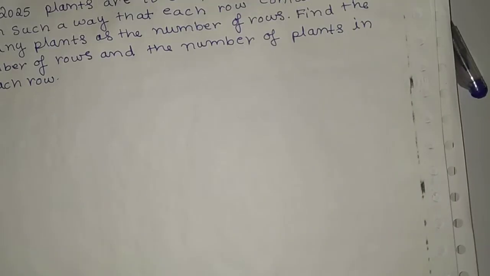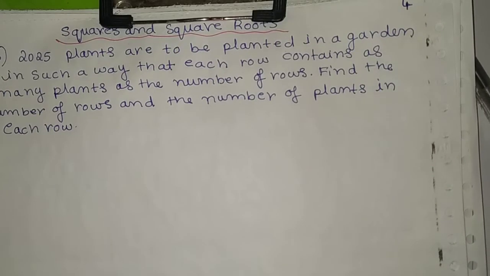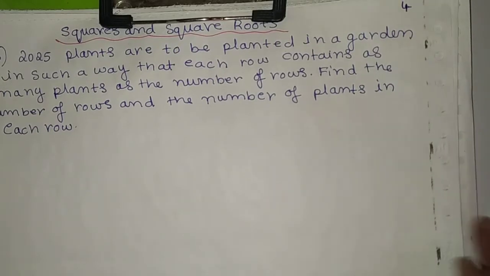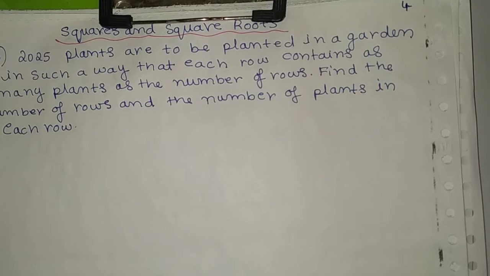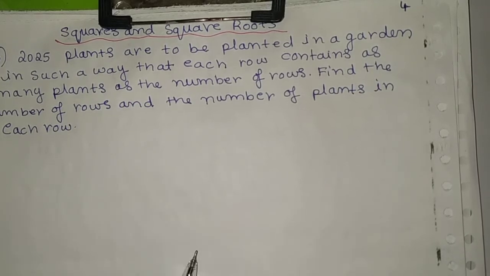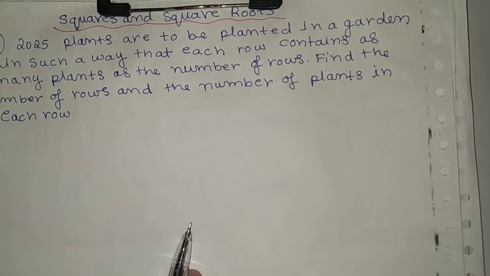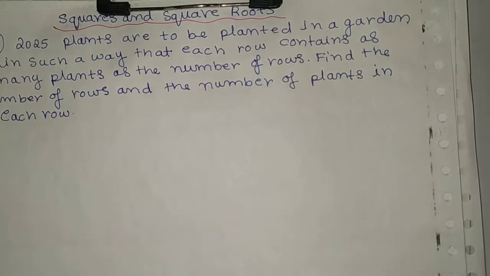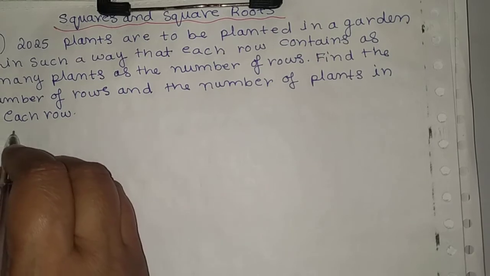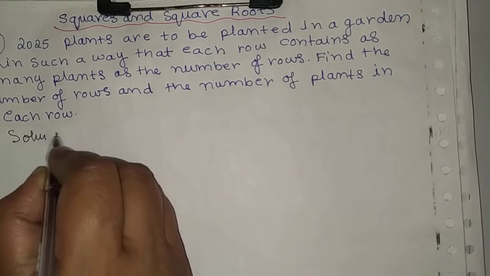So we move on to the question 8. So here in the question 8, 2025 plants are to be planted in a garden in such a way that each row contains as many plants as number of rows. Find the number of rows and number of plants in each row. So we'll write the solution here.